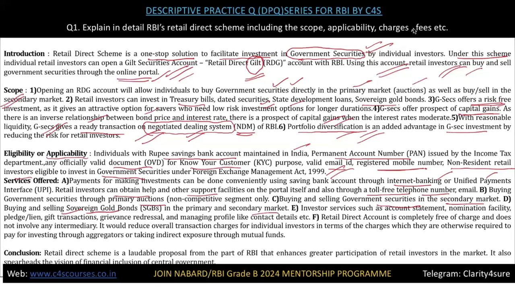Then there are investor services that include account statements, nomination facility, etc. Then grievance redressal is also there. Then comes the last point, which is that the Retail Direct account is completely free of charge.